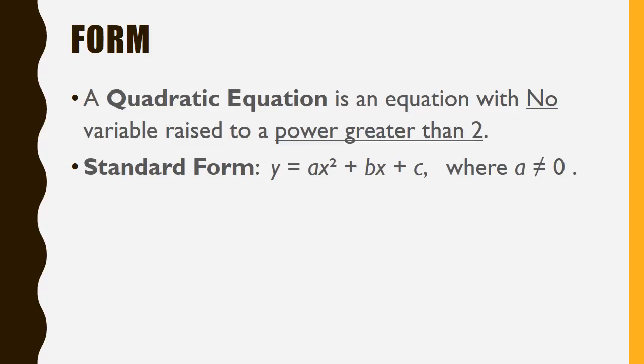So you're going to see quadratics as expressions. Like let's take an example: 2x squared plus 5x minus 2. Or you're going to see it as an equation in 2 variables: y equals 2x squared plus 5x minus 2.